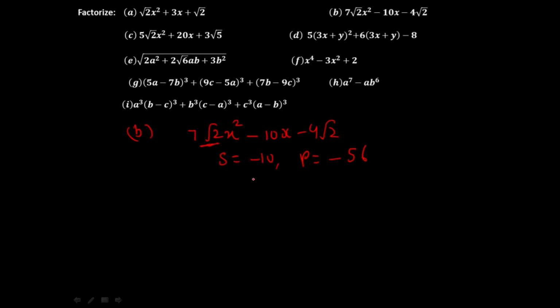The two numbers are minus 14 and 4, because the sum of these two is minus 10 and the product of these two is minus 56. So this whole will be equal to 7 root 2 x square minus 14x plus 4x minus 4 root 2 as this.